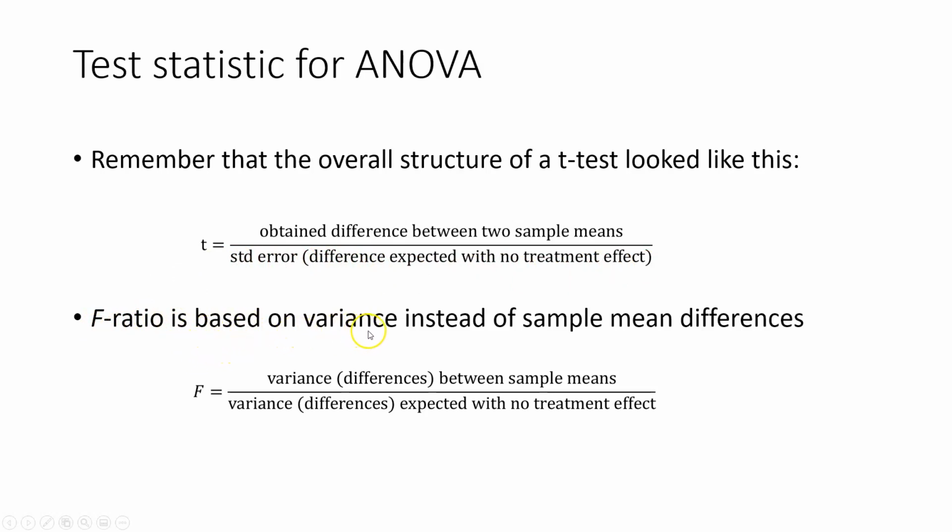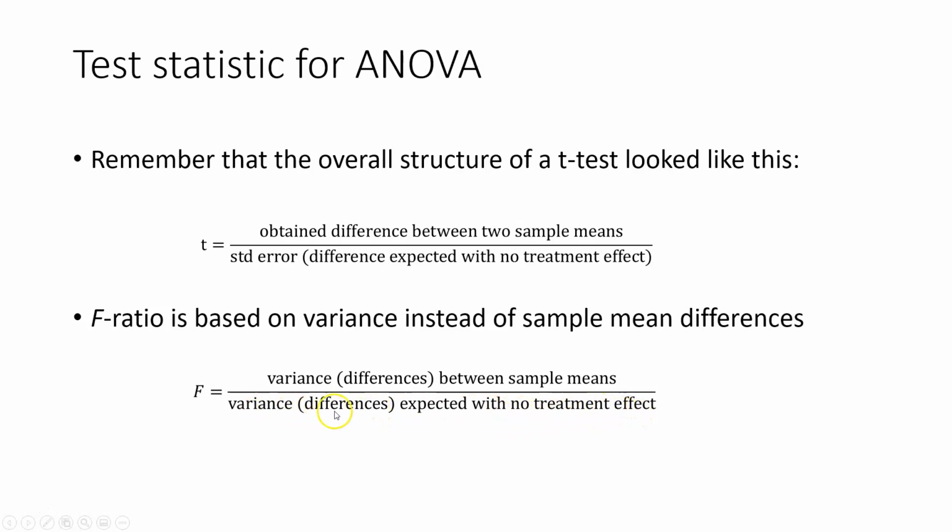It's just based on variance instead of sample mean differences. But we still take the differences, or the variance. Remember, variance is the size of the differences that we see in scores. So we take the variance, or the differences, between sample means, and we compare it to the variance that we would expect if there were no treatment effect, if the null hypothesis were true, if the treatment didn't work.